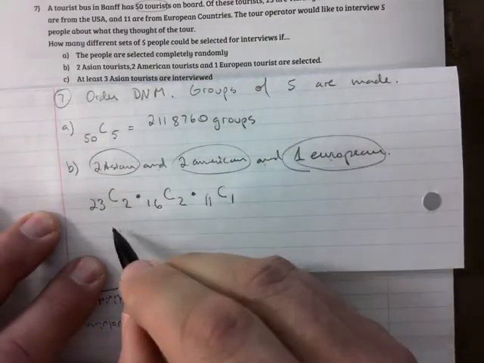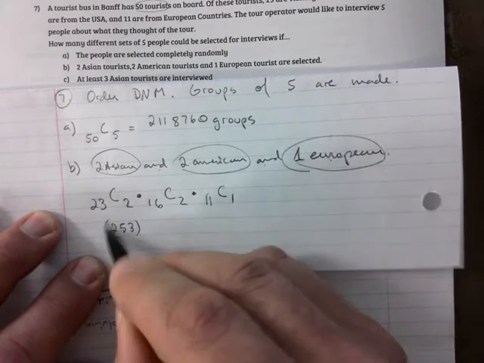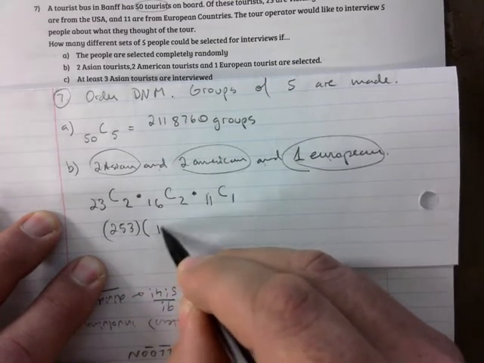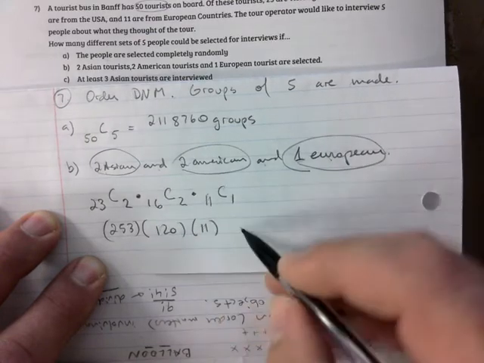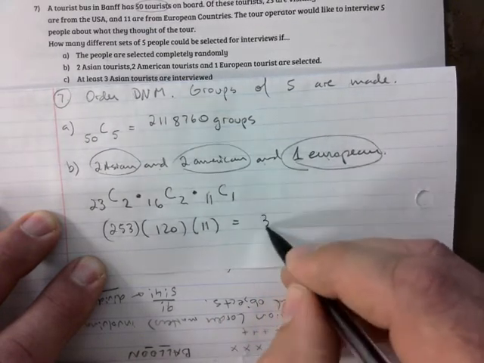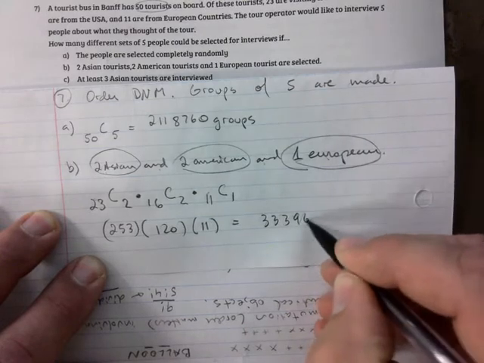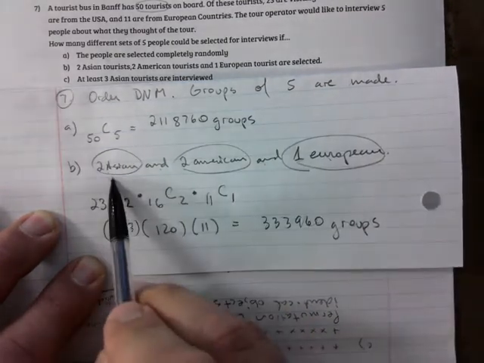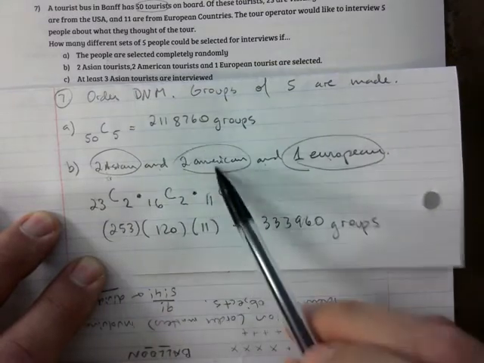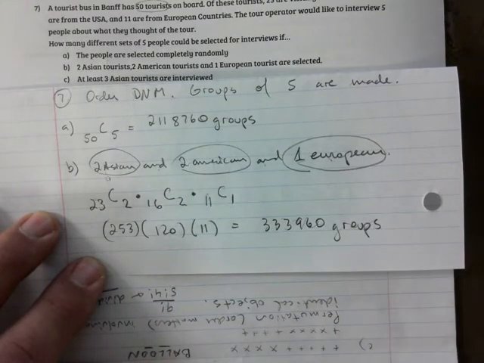So 23 choose 2 is 253. 16 choose 2 is 120. 11 choose 1 is just 11. And so that's 333,960 groups. So this is exactly, like I want exactly 2 Asian, 2 American, and 1 European in that group. It's not saying it, but it's really implied.